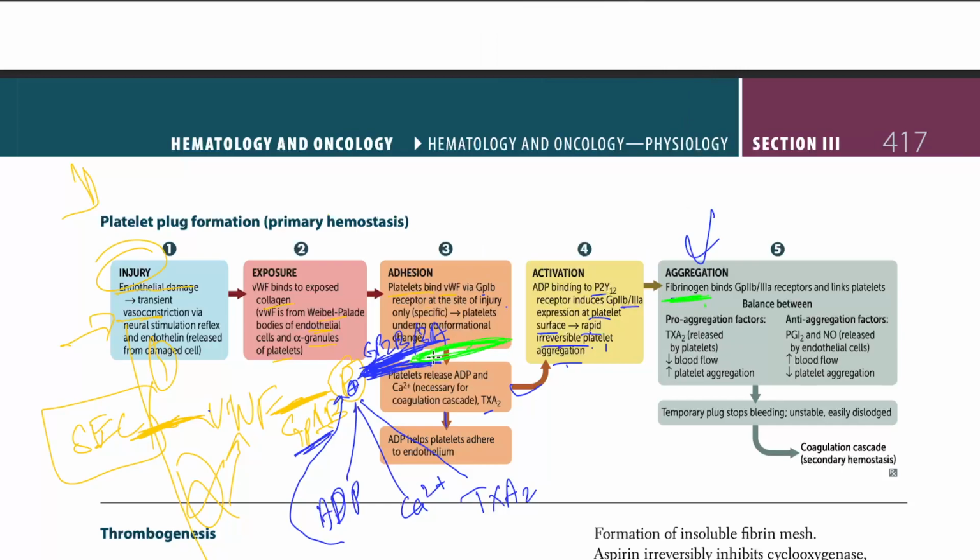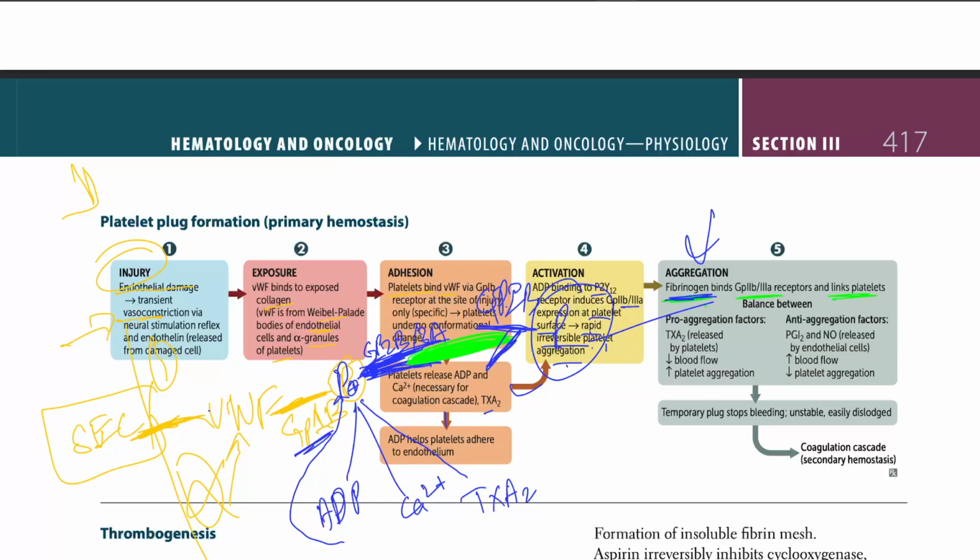Fibrinogen is going to come and bind to this GP2B3A receptor and link the platelets. On the other hand, it's going to bind to the GP2B3A present on other platelets, and this is how aggregation is occurring. You have the platelets continuing, all of them, just because of fibrinogen binding to the GP2B3As.